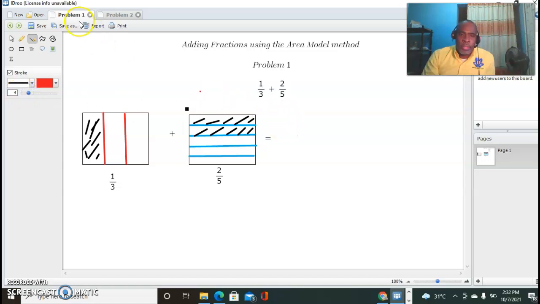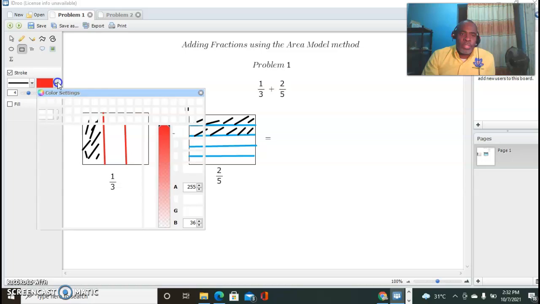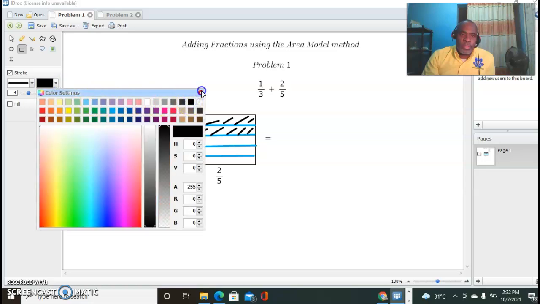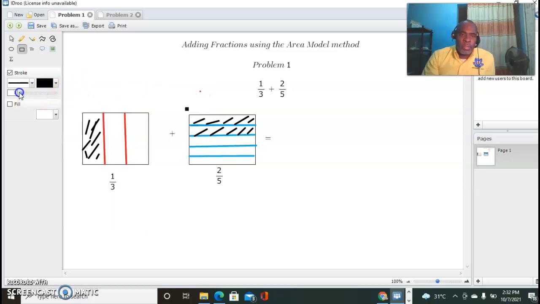So let me go back one step. Alright. Let's draw the rectangle first. Then I'm going to divide it into 3 first.